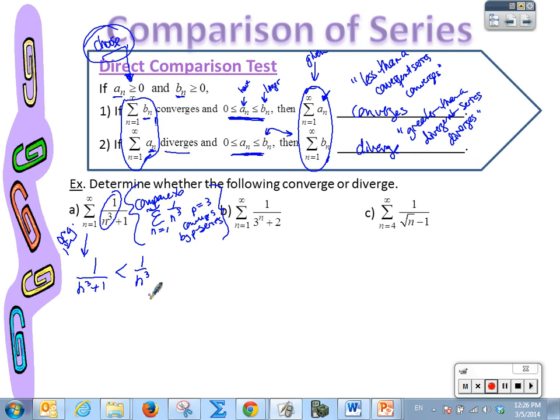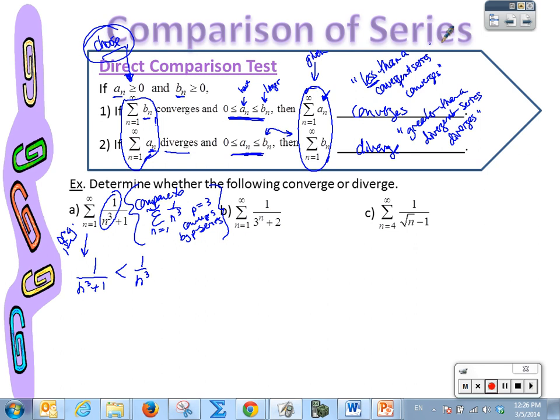Let's see if this is going to allow us to make a determination. What we found is that the convergent series we chose is larger than our series. That's what we're looking for, right?